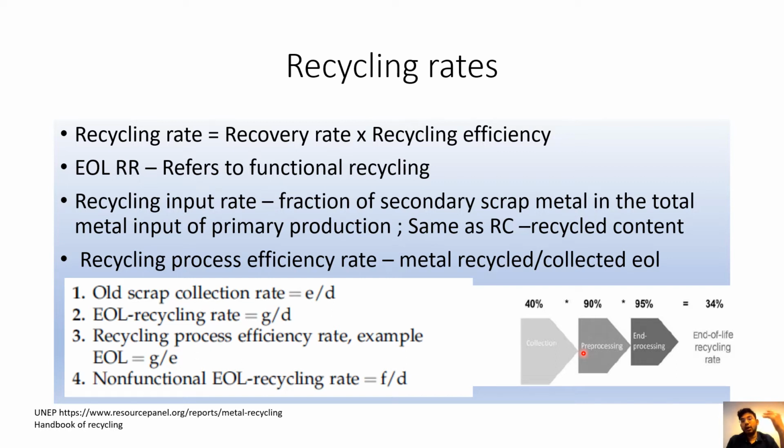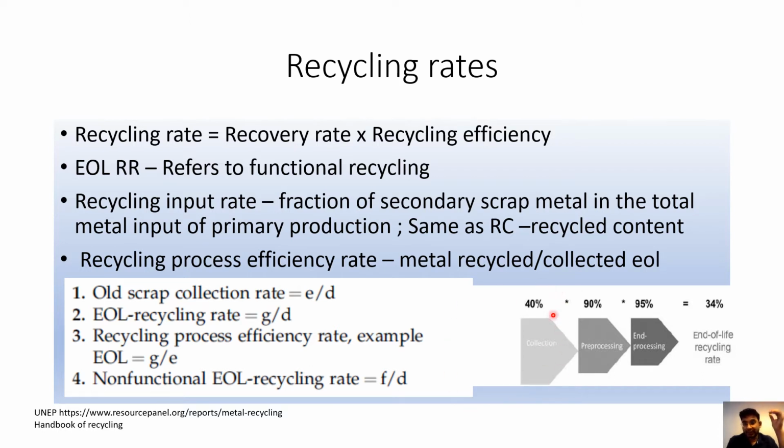Okay, so you go on to, let's say, design a smart metallurgical process with smelting, and the efficiency of that smelting process is so high, you can at the end of the day still have a very low end of life recycling or recovery rate. That is basically because you have collected very little.